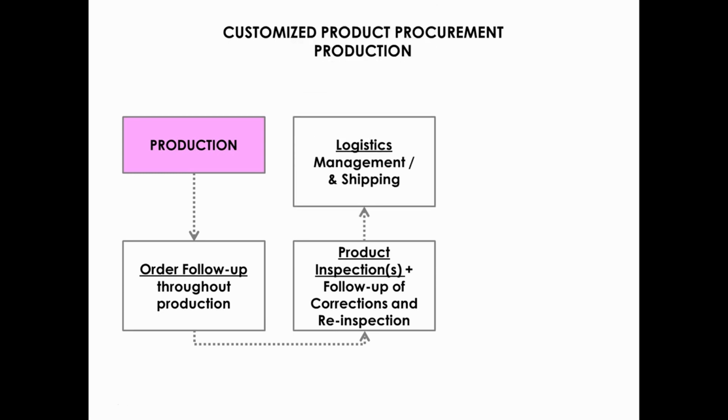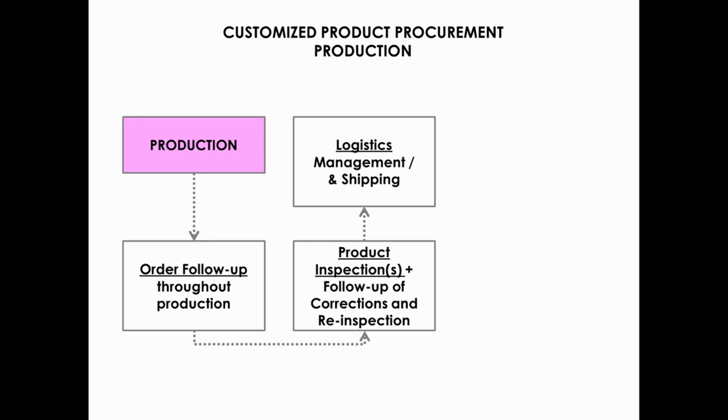Carrying out an inspection while goods are still at the factory allows you to work with your supplier on any required corrective actions. Once everything has been signed off and you are happy that your order is ready to be shipped, it is time to arrange all of the logistics of shipping your goods to the destination you need them sent to.